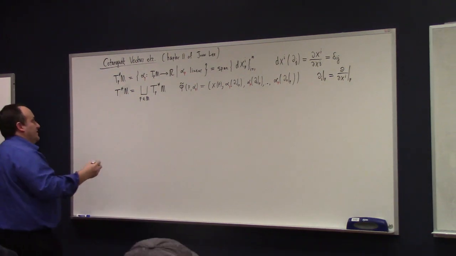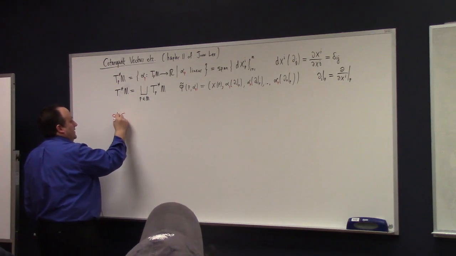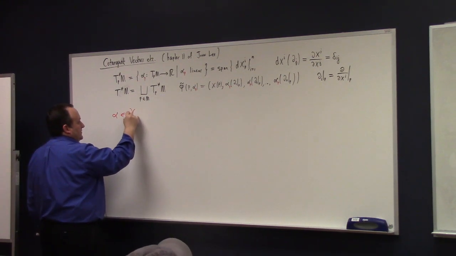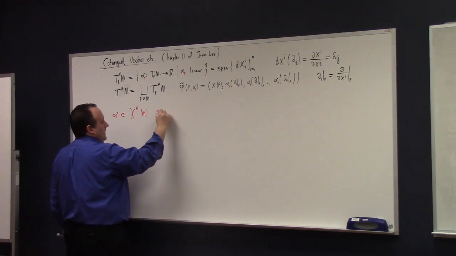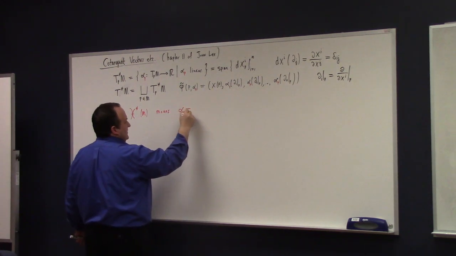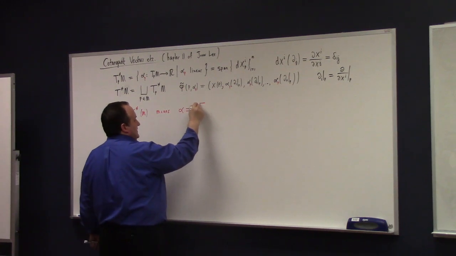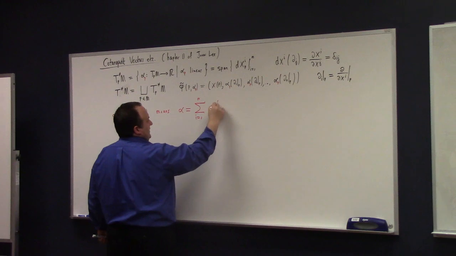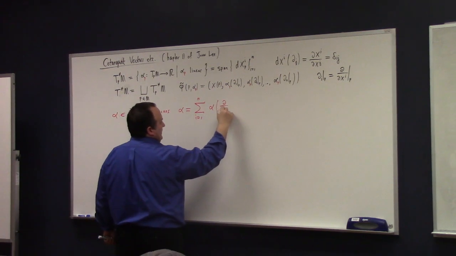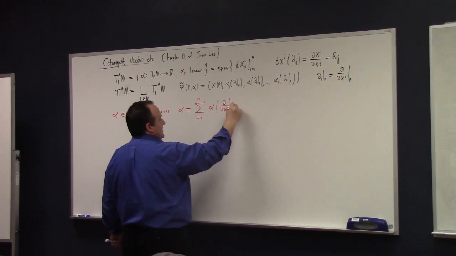In contrast, I could talk about alpha an element of the covector fields on M. It means we can write alpha as equal to something like the sum from i equals 1 to n of alpha acting on partial x^i times dx^i.